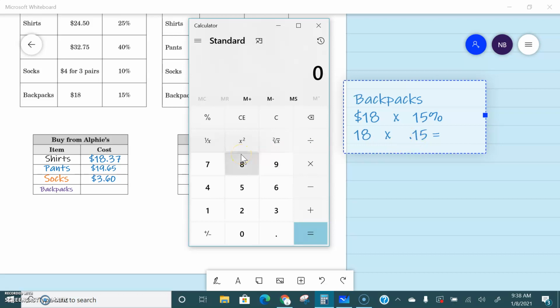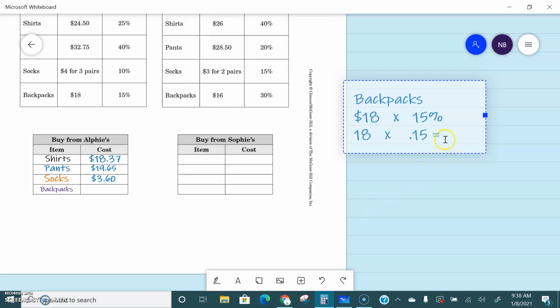And that's what we've been doing the past couple weeks. So let's type in 18 times 0.15, and we get 2.7. In terms of money, 2.7 is $2.70. It's not $2.07 because the 7 is in the tenths place.